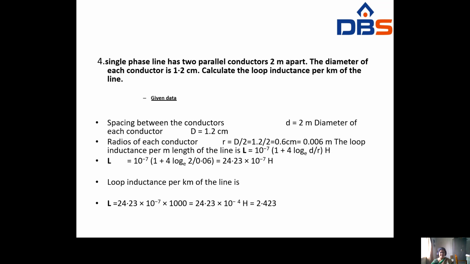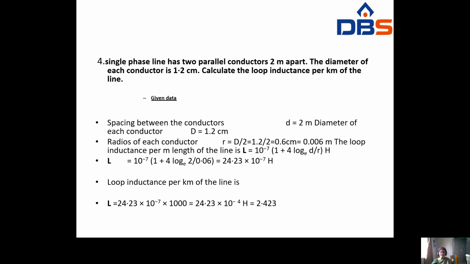Substituting these values in this equation, 10 to the power of minus 7, 1 plus 4 ln of 2 by 0.006, and solving, you get the inductance value 24.23 into 10 to the power of minus 7 Henries. But this is per meter, and here you want the loop inductance per kilometer of the line.